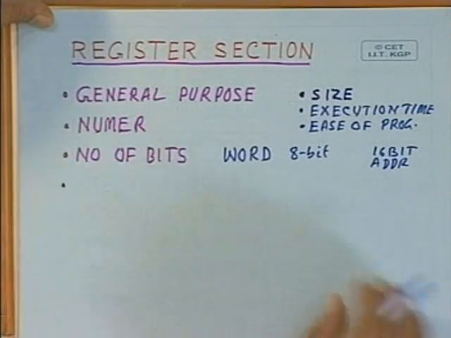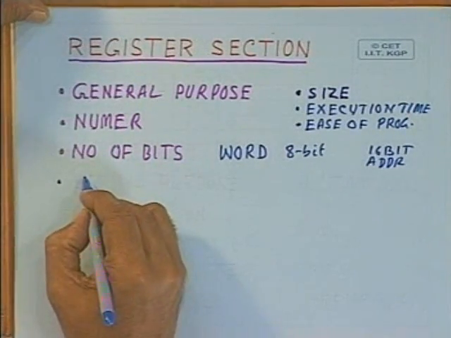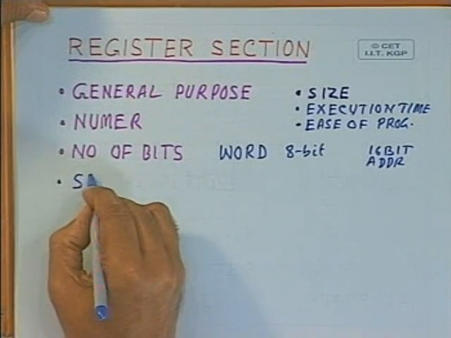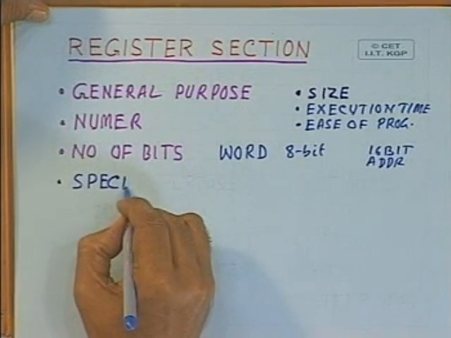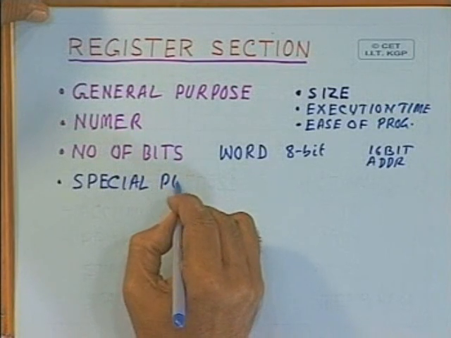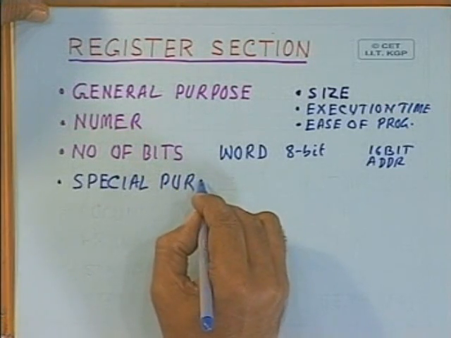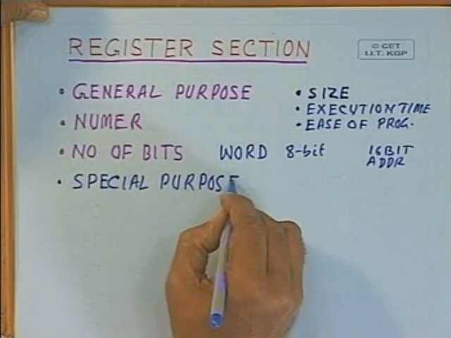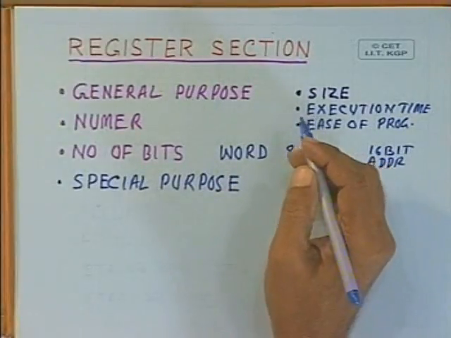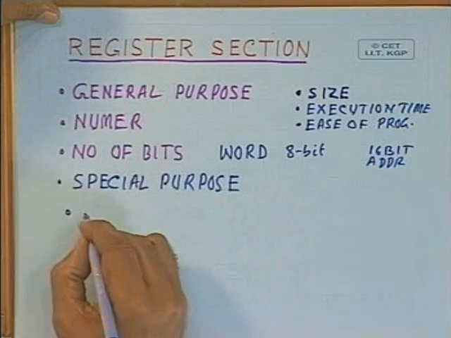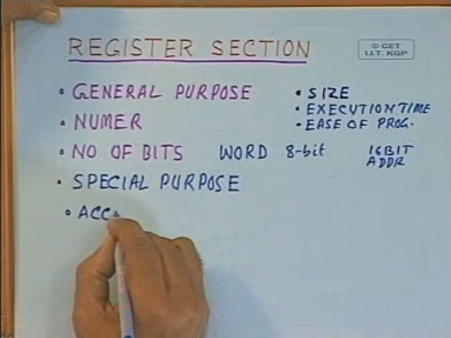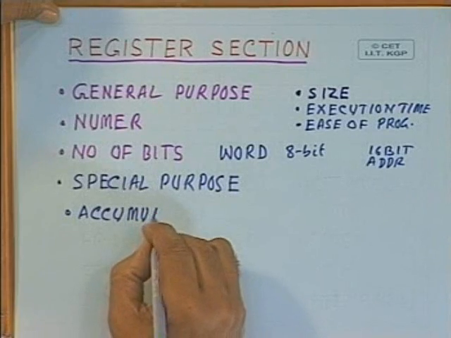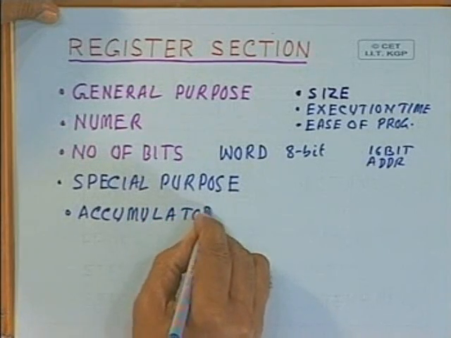Then there is another category of registers which are known as special purpose. These special purpose registers, as their name implies, are typically used for some specific function, specific purpose. For example, accumulator is a special purpose register.